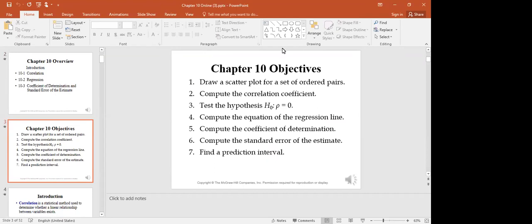In this chapter, you will learn how to draw a scatter plot for a set of ordered pairs, compute the correlation coefficient, test the significance of a correlation coefficient, and compute the equation of the regression, the coefficient of determination and non-determination, and the standard error of estimate. We will also learn how to make predictions using an independent value.